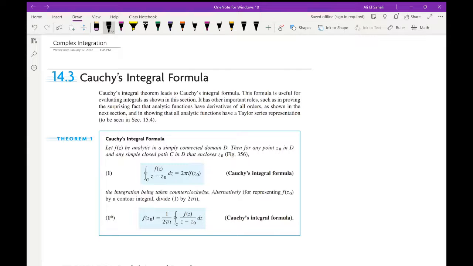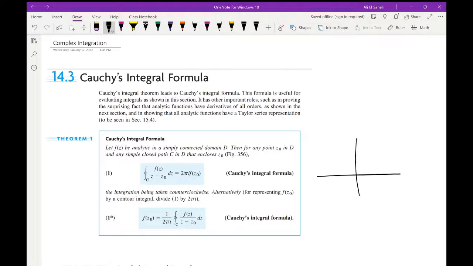Okay, the formula says if f of z is an analytic function in a simply connected domain D, then for any point z0, any complex number z0 in the domain D, and any simple closed path C in D that encloses z0.